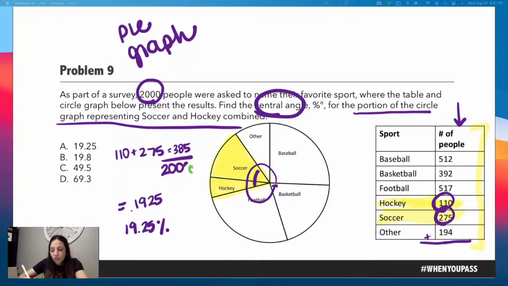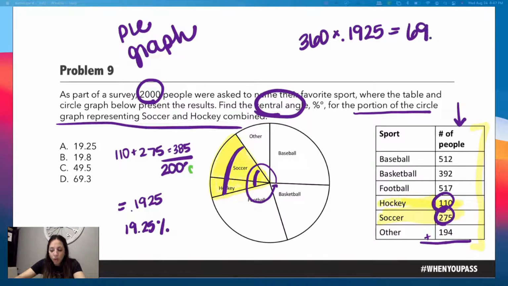So if I'm looking for the percent that this is covering, that's going to give me that angle measurement, because there are 360 total degrees in a circle. So if I do 360 times 0.1925, that will give me the angle measurement, which is 69.3 degrees.